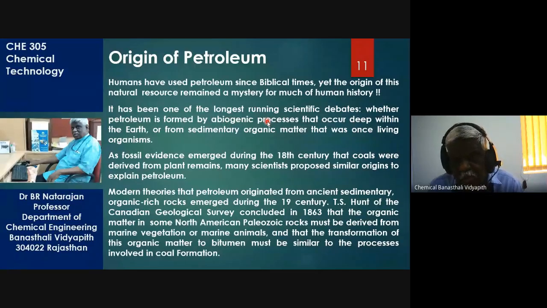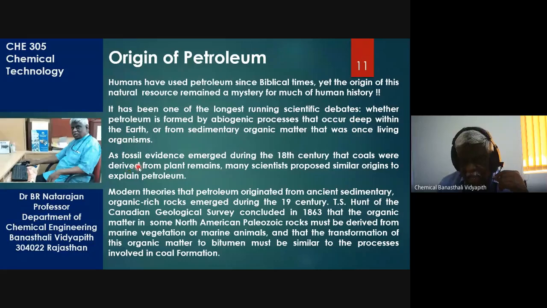There are proofs to show that a small quantity of oil in the earth may be formed due to abiogenic process. But most of the oil formed has been attributed to biogenic, and abiogenic could be a very small fraction, right? So very, very small, but not ignorable. But by and large, the biogenic process theory has been accepted, right?